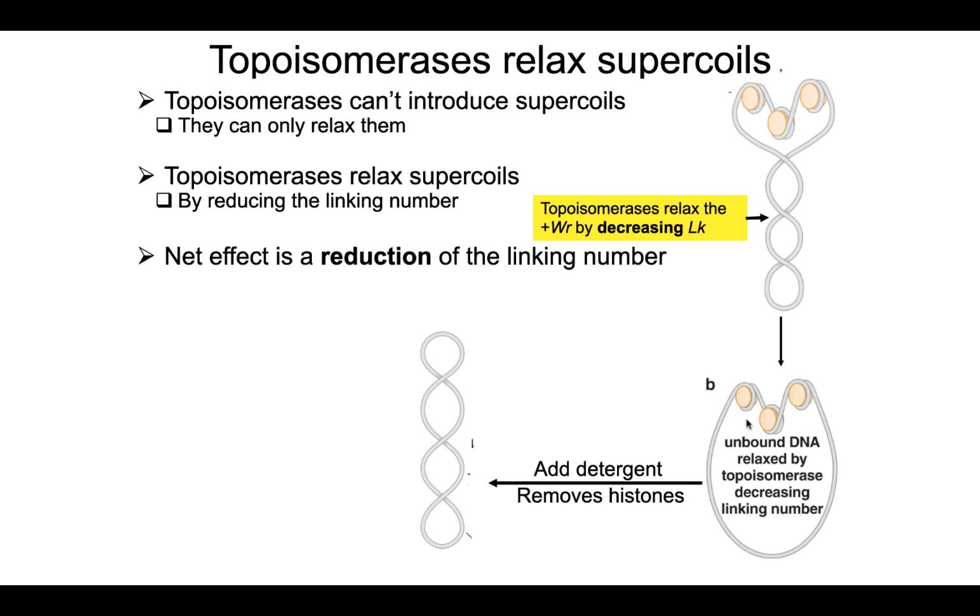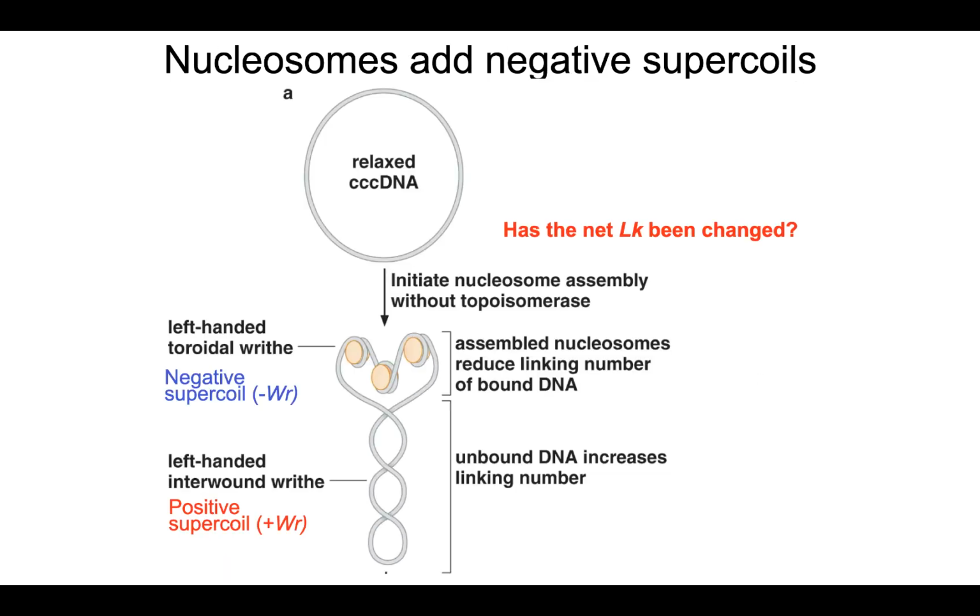And this is permanent. In this particular position here, if we remove these wraps around these histones, then that DNA would go boom, right back into the relaxed state, because negative writhe and positive writhe is no writhe at all.